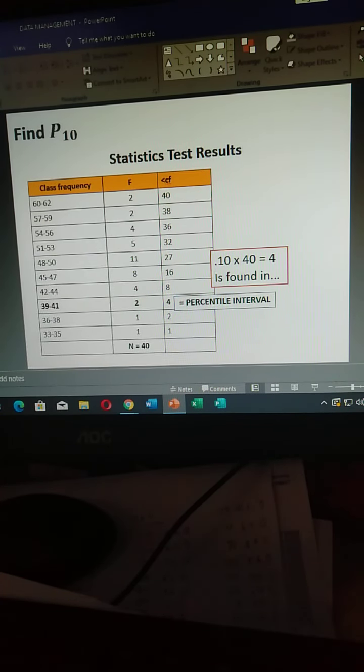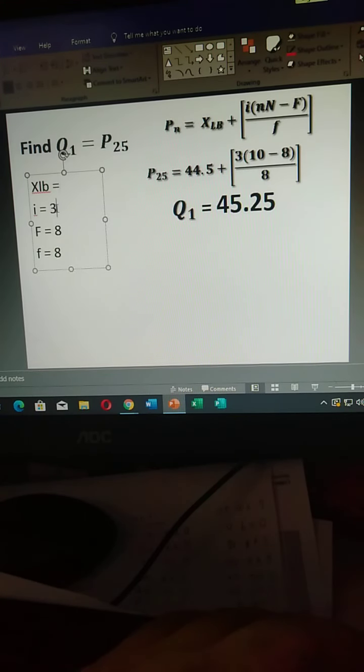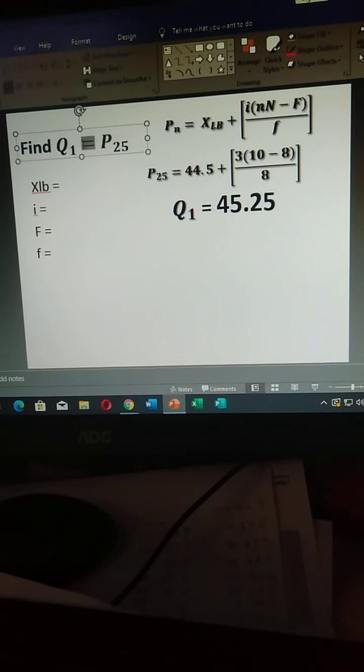Okay, so let's do again ito, palitan lang natin to. Ayan, so dito ang hinahanap, tanggalin ko na to kasi we are looking for P10.